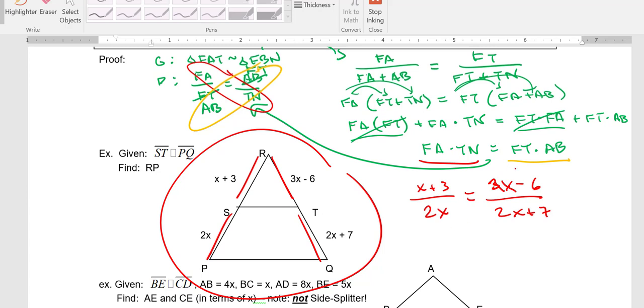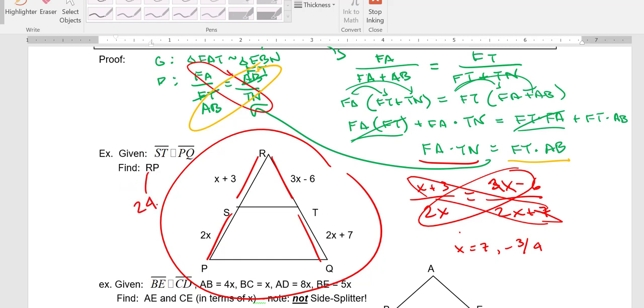If I wanted to solve this thing, cross multiply, it's going to be some ugly stuff there. I think you're going to end up with x equaling 7 or negative 3/4. And this is going to end up being, for those of you who are interested, 24. Okay, so that's side splitter. Let's jump to the next page.